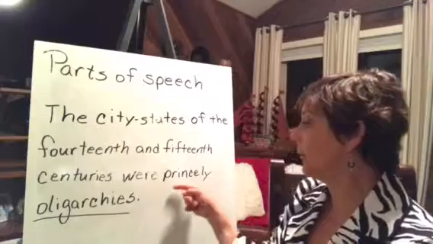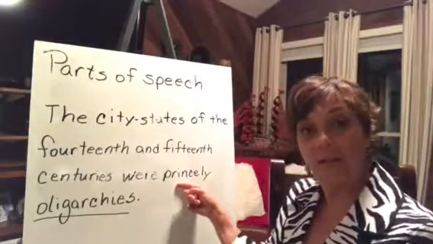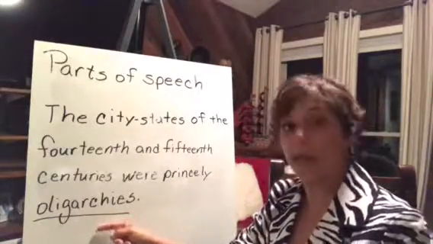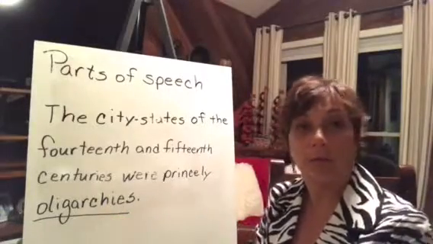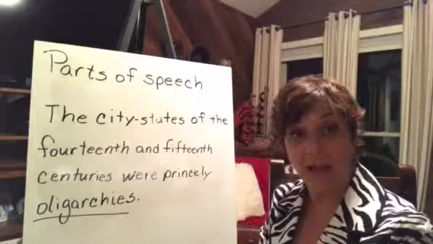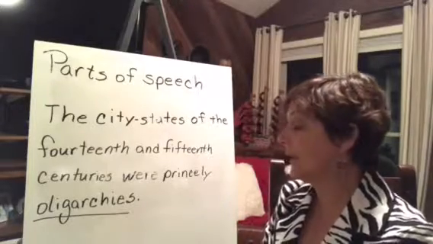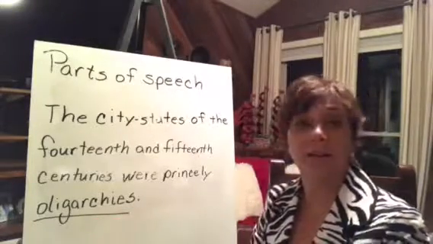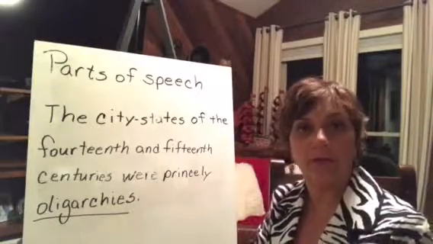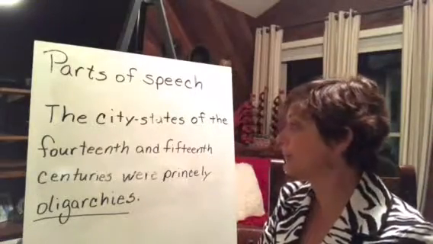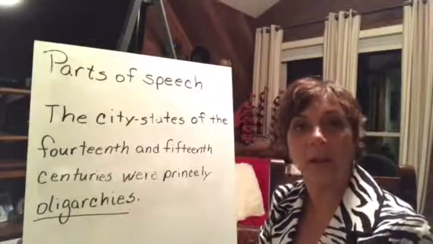So princely is a descriptive word or a type of oligarchy. Princely, run by a prince, prince-like, like a prince. So oligarchies is a noun. In this case, it's a type of government. So they're telling us that it's talking about government.